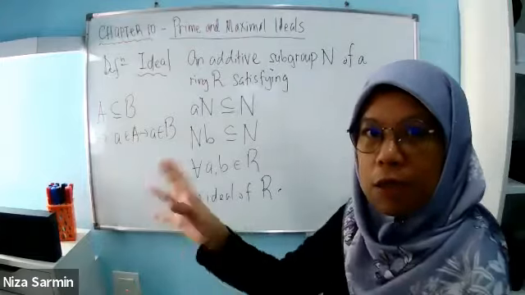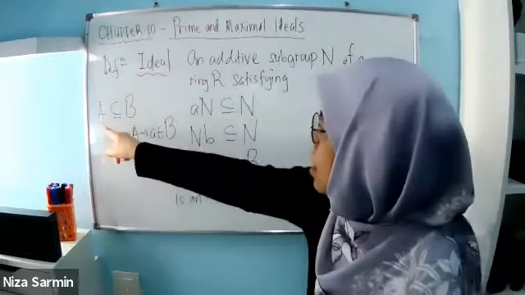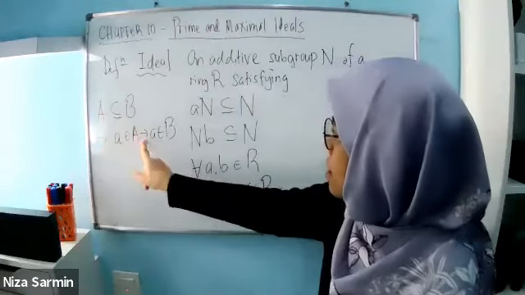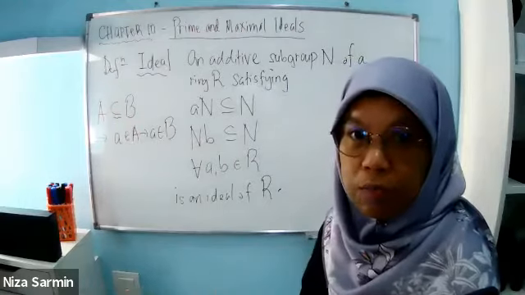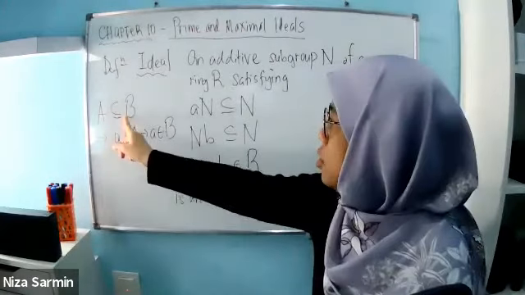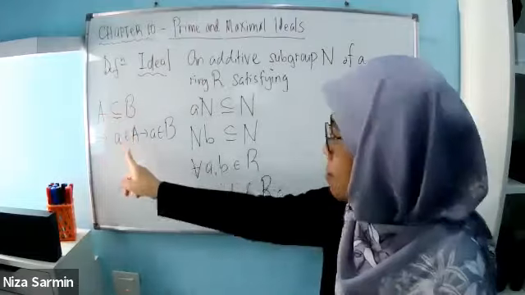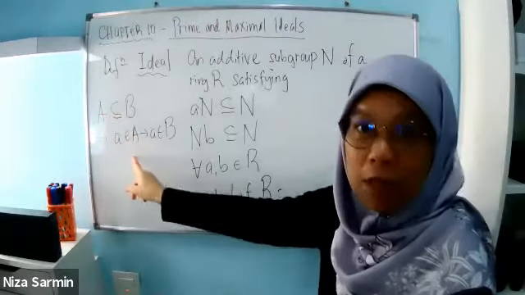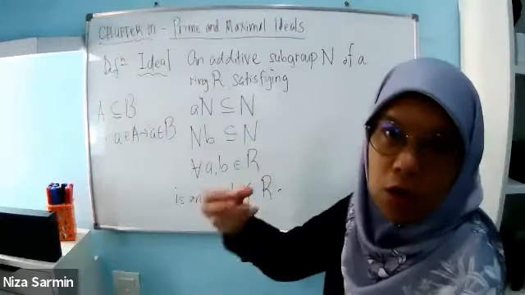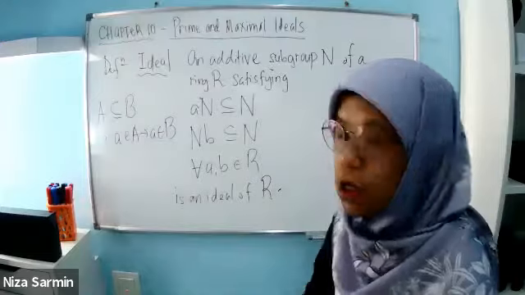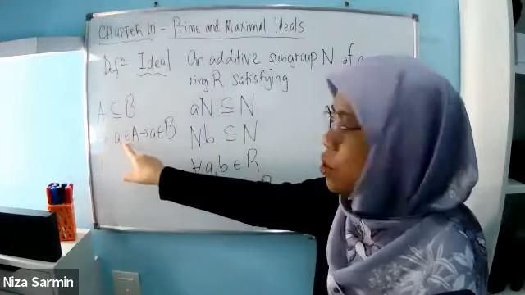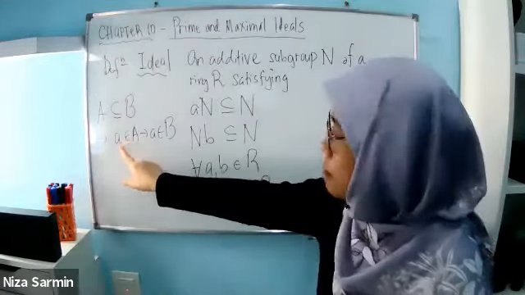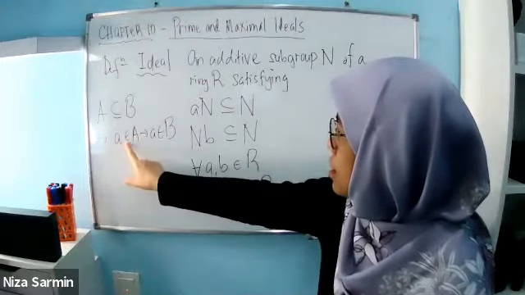Okay, A is a subset of B if a is in A, then a is in B. So when you want to do the proof, you don't use just the sets, but you use the element. When you write your proof, make sure that you distinguish between set and element.